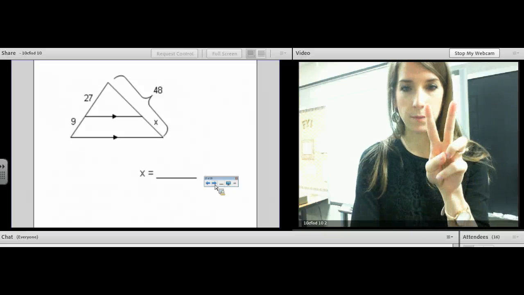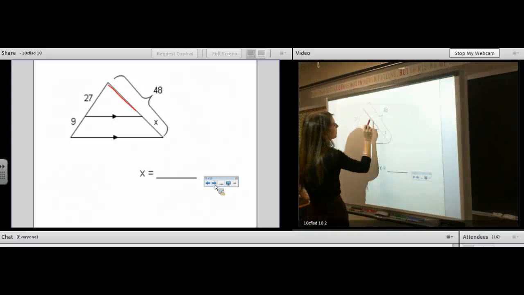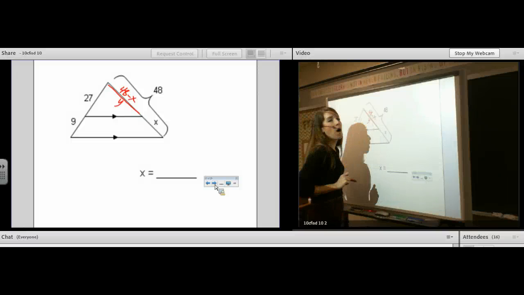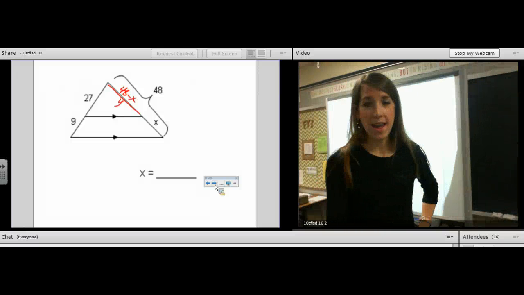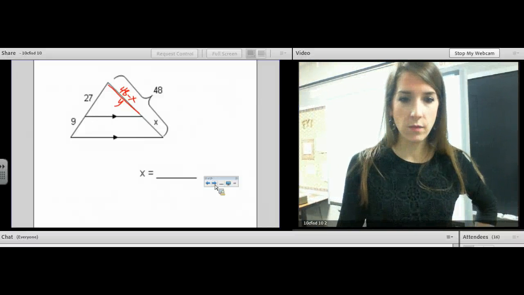You've got 2 options. You can call this part right here 48 minus x, or you can just call it y. You can solve for y, and then subtract it from 48. It's totally up to whichever makes more sense to you.